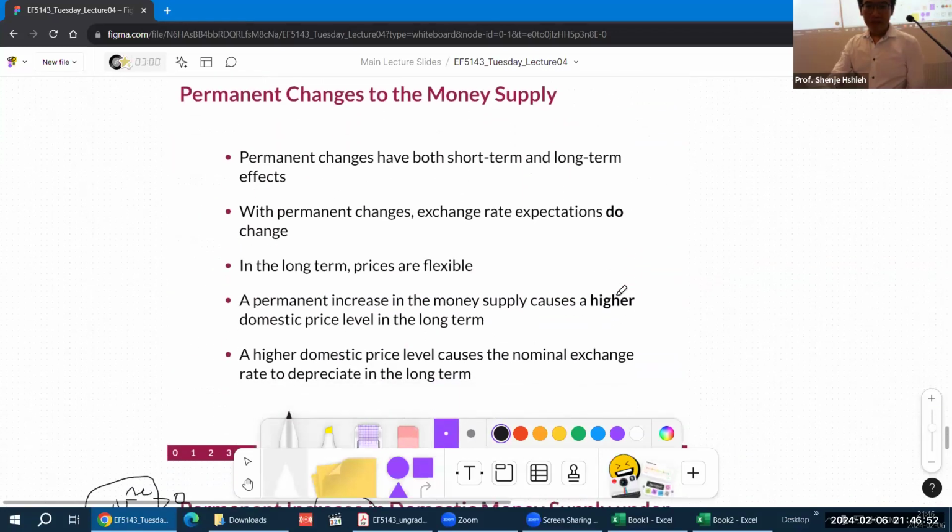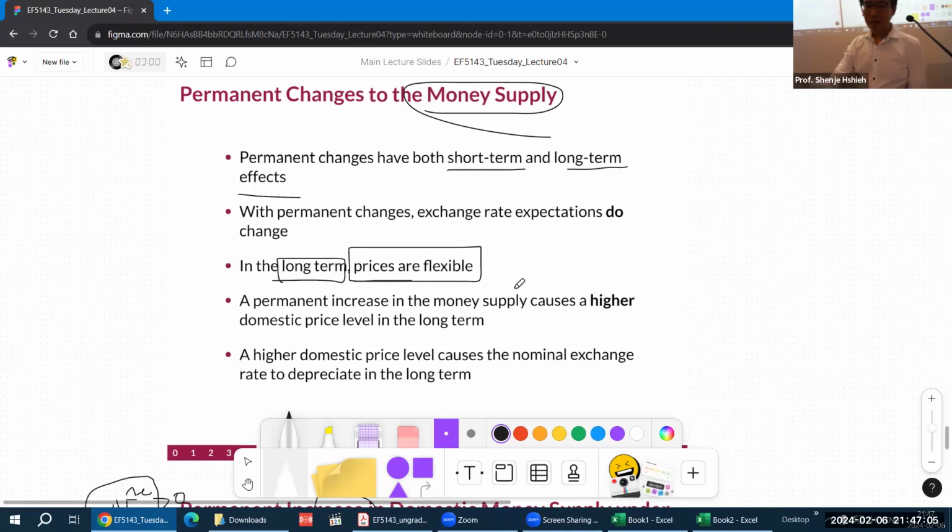So the summary is here, right? Permanent changes have both short-term and long-term effects for permanent changes in money supply, all right? Long-term analysis, we always assume prices are flexible, in which case that change in price just means that price levels will catch up with the change in money supply, which eliminates any sort of monetary impact.